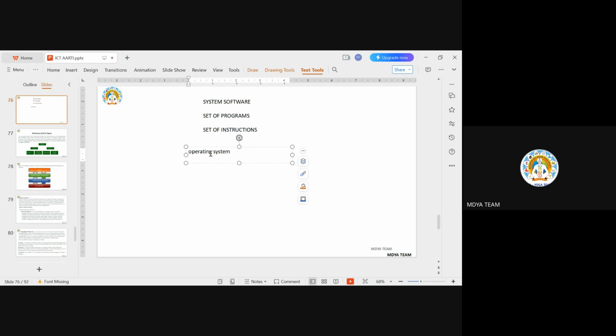What is the brain of the computer? CPU. Yes, CPU is the brain of the computer system, and the heart and soul of the computer system is the operating system.